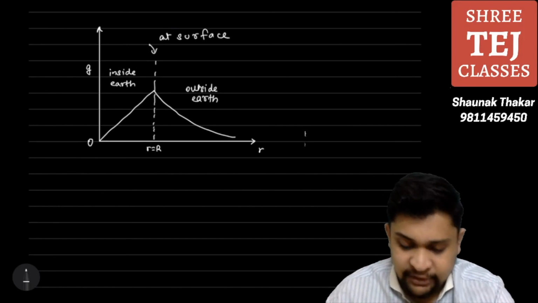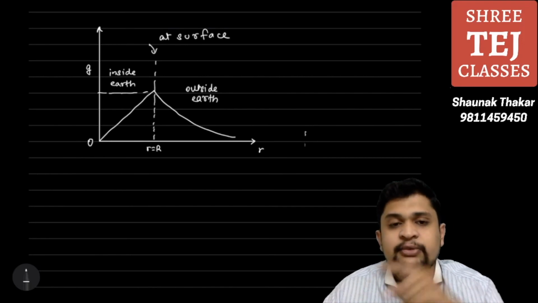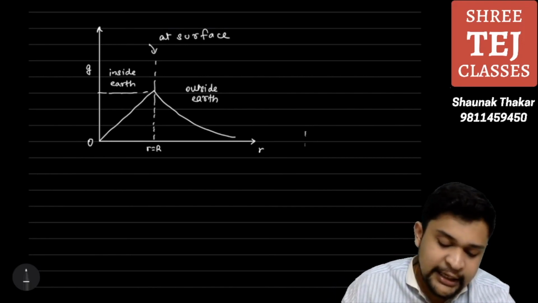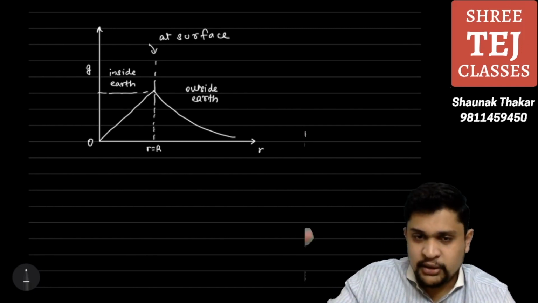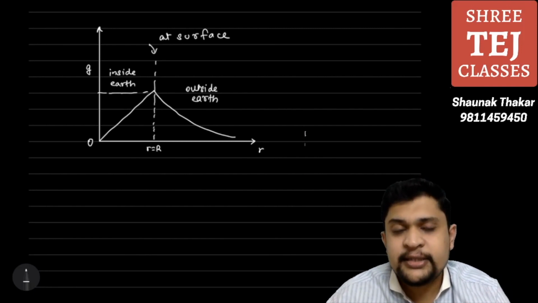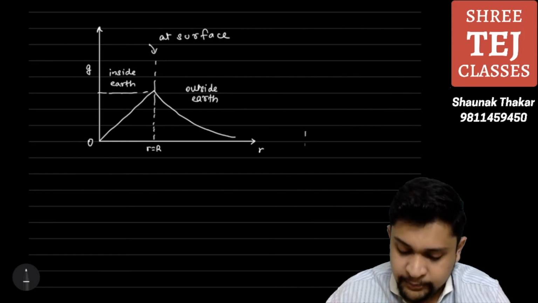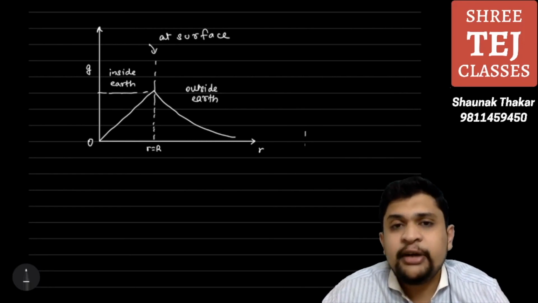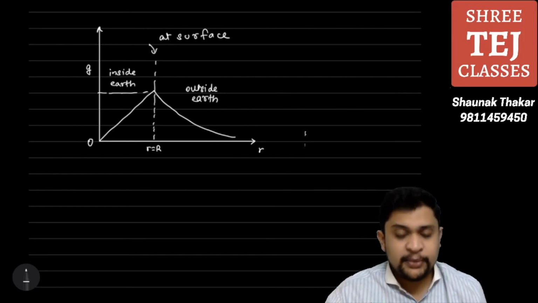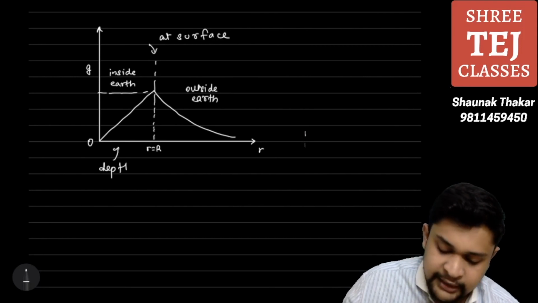Okay, at surface we have maximum g. As we go inside, g linearly decreases, and as we go above the surface of the earth, g decreases inverse squarely. Okay, so this is change in gravitational acceleration with depth, and this is with altitude.